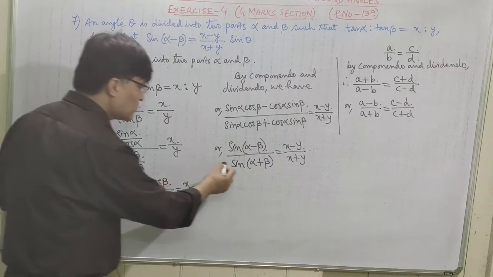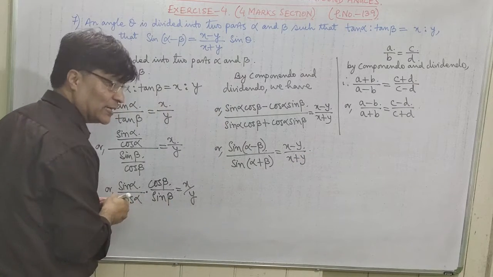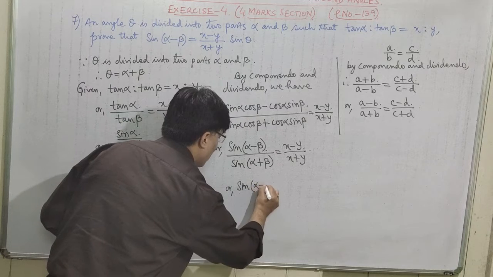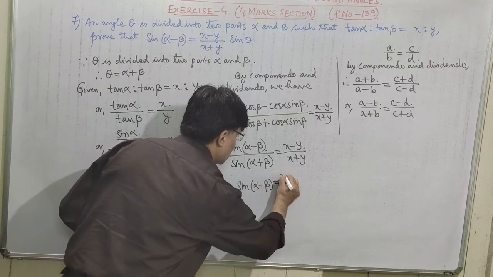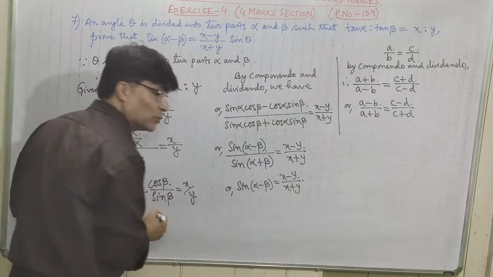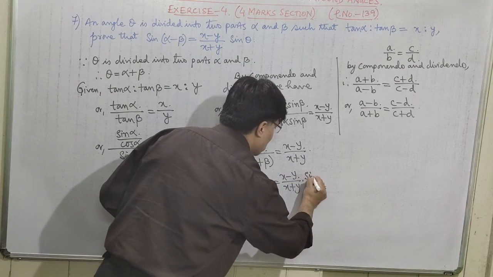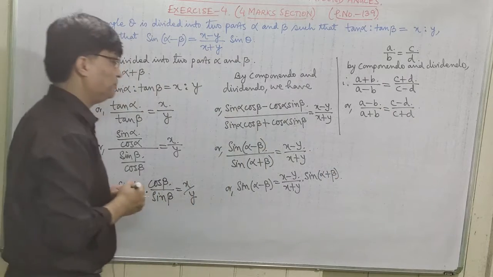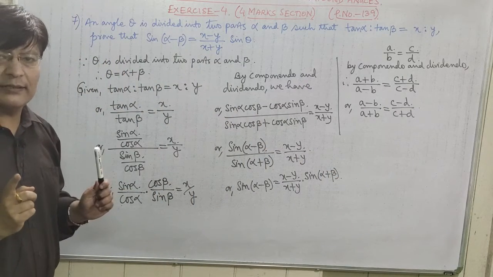Okay, now cross multiply by sine of alpha plus beta here, so what do we get? Sine of alpha minus beta is equal to x minus y upon x plus y into sine of alpha plus beta. Is that clear now?